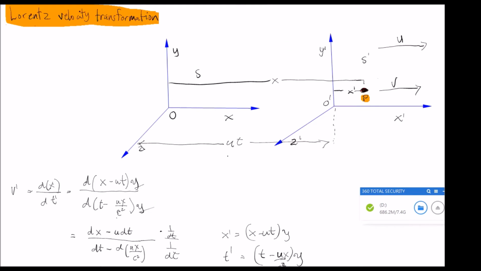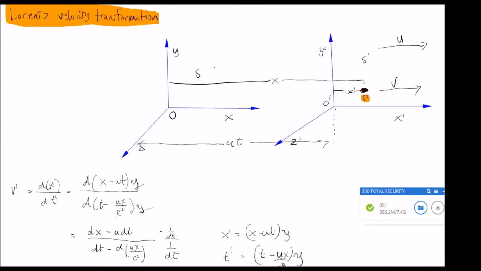relativistic addition of velocity. Okay, so both the distance traveled and the time of travel are different in two frames of reference, and they must differ in a way that makes the speed of light the same in all inertial frames. So we can obtain the correct rules for transforming velocities from one frame to another by using what we call the Lorentz velocity transformation.